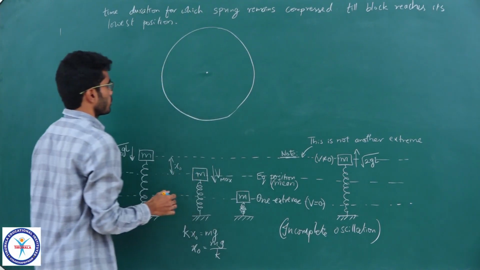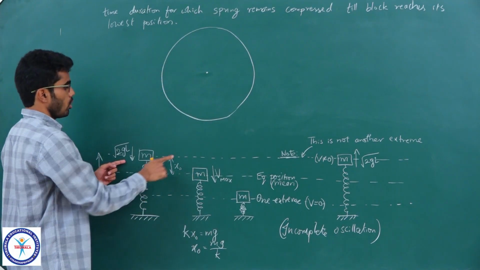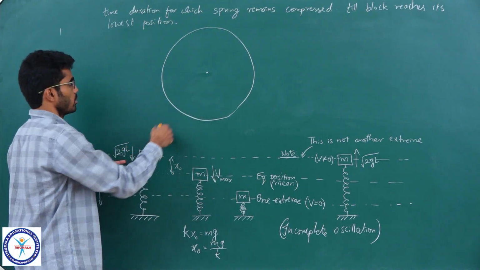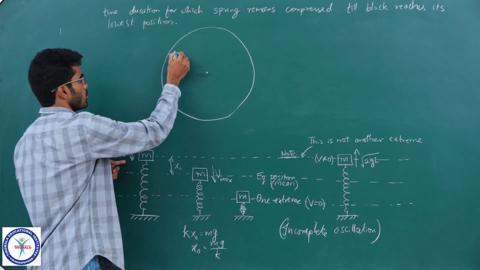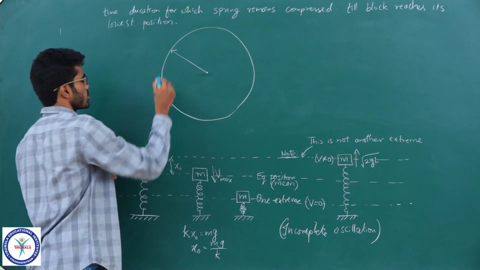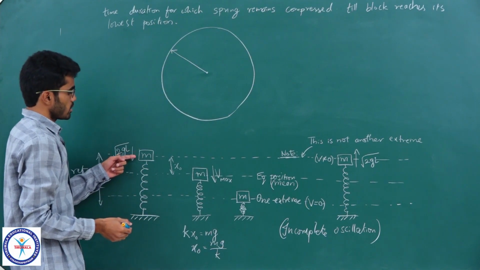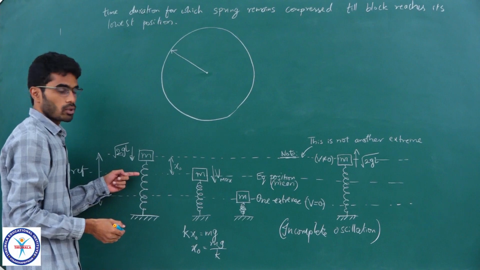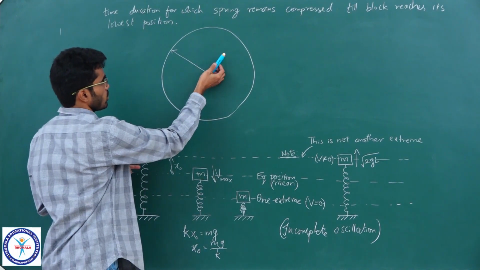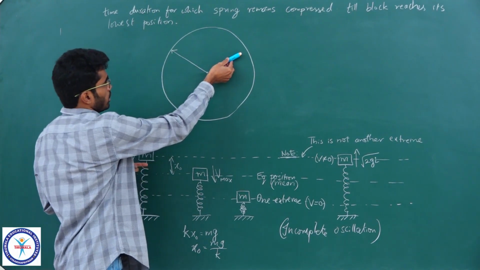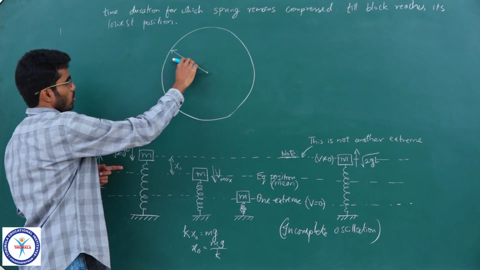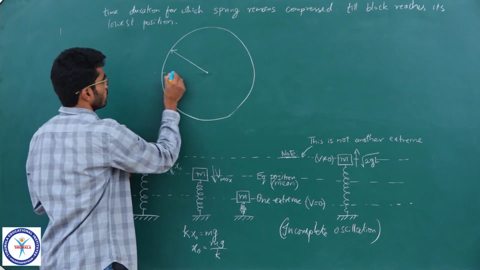So, we know that the object is not at its extreme, but somewhere between the mean position and the extreme. So, we can draw a phasor like this here, and it is going to the mean position. That is why I have taken this side, otherwise I would have taken this side. So, this now crosses the mean position.